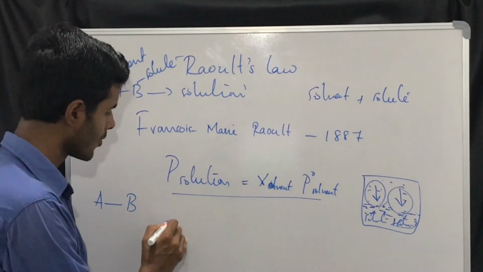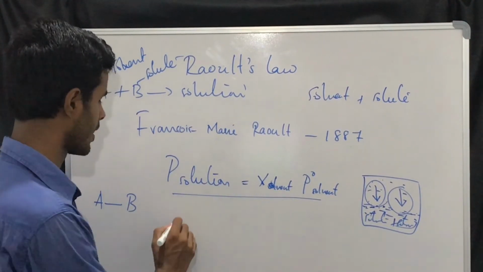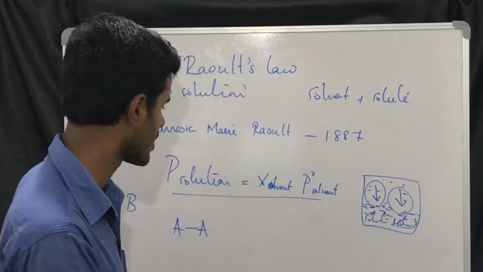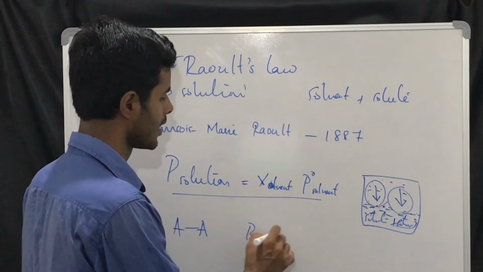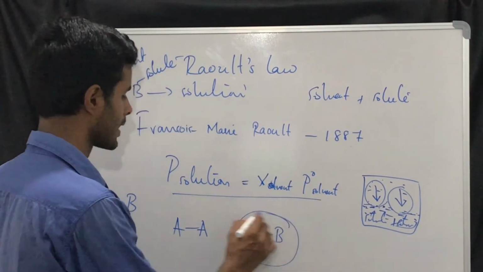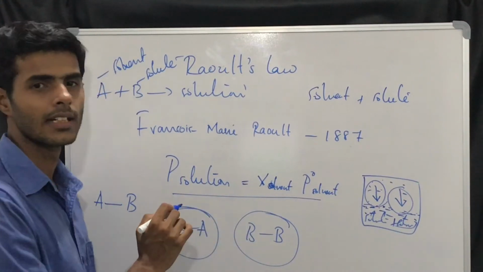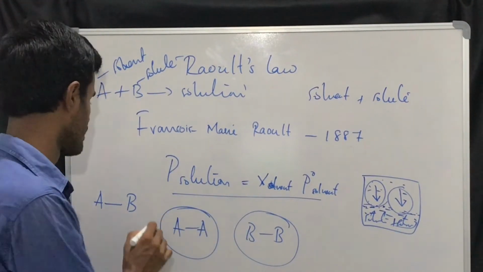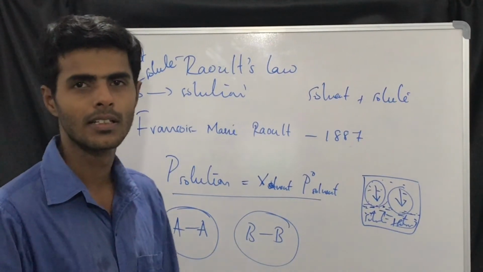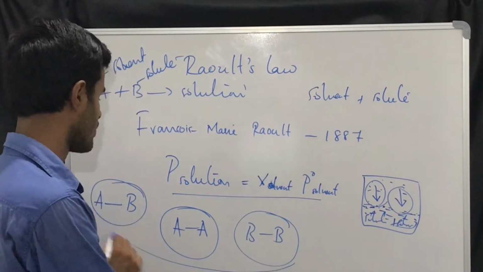Similarly, when we take A alone, interaction between the solvent molecules is possible. Interaction between the solute molecules is also possible. So these interactions must be the same as the A-B interaction, which is very hard to find.